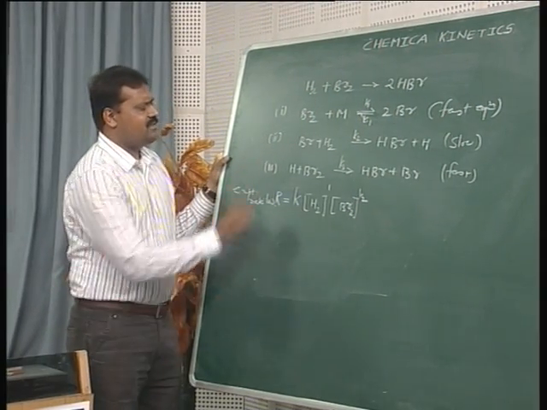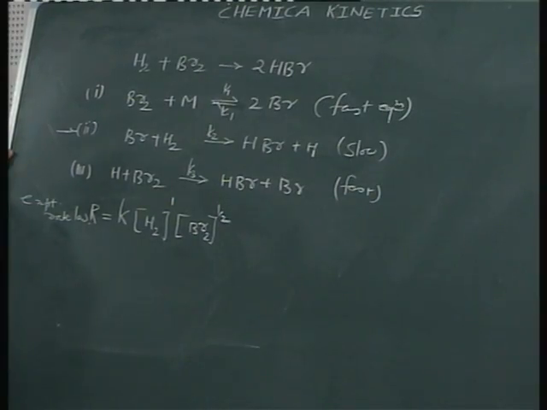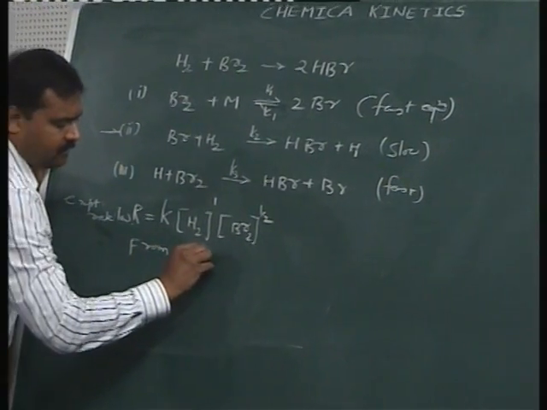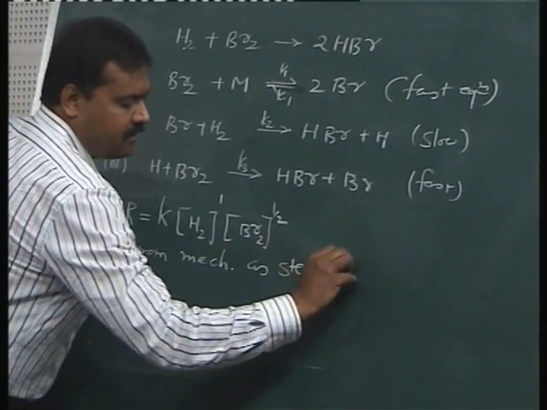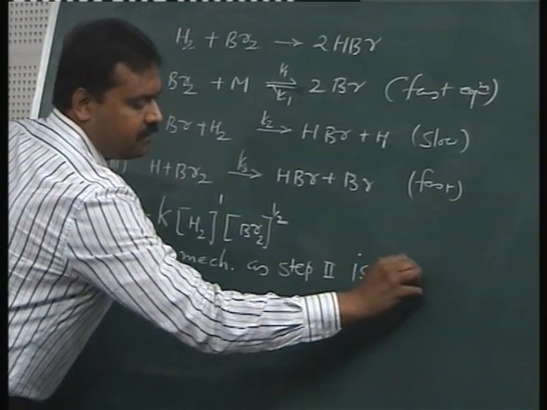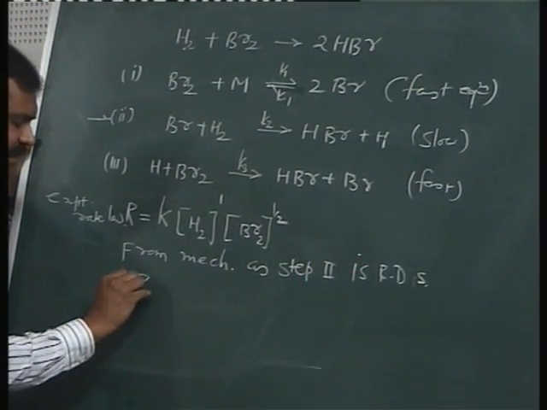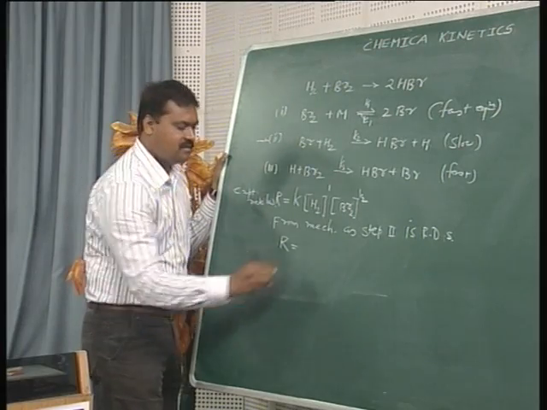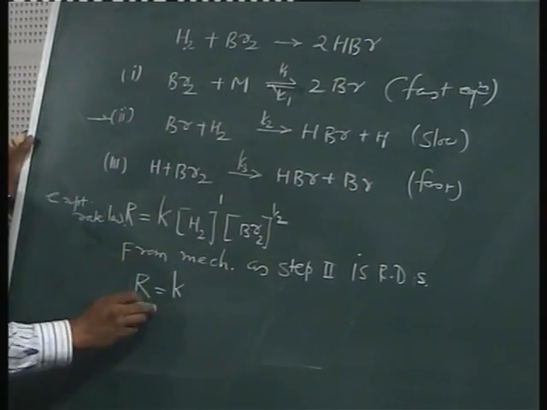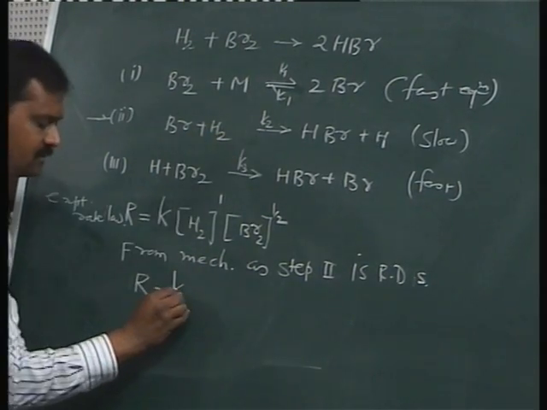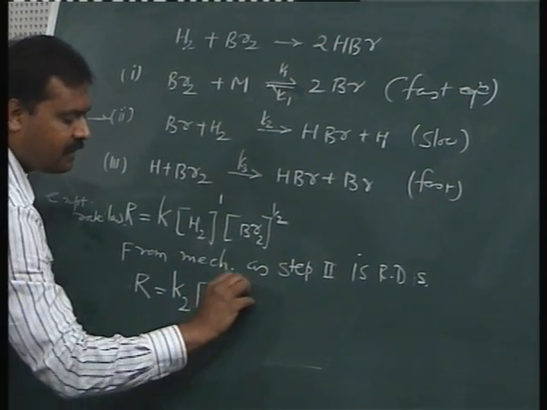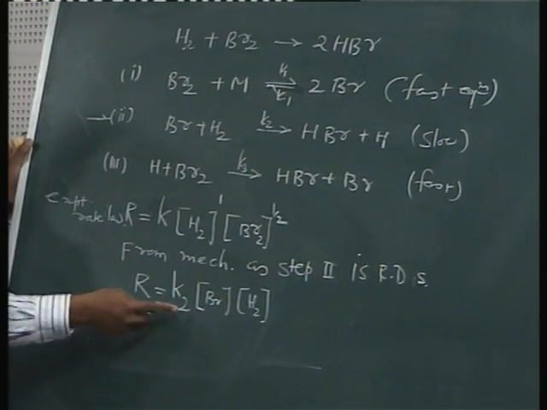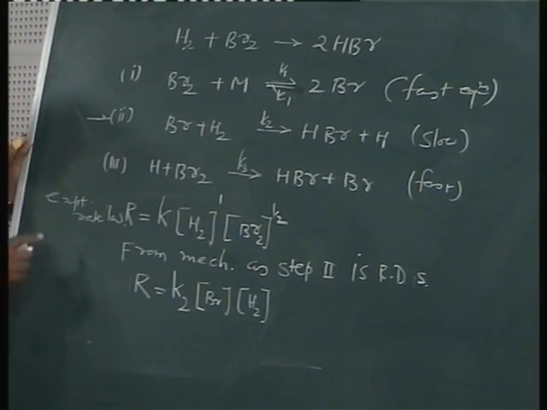Now in the given mechanism, the second step is the slowest step, and therefore from the mechanism, as step 2 is the rate determining step, we can write R, the rate of reaction, is equal to some constant. Now the constant will be K2 into the concentration of the reactants, that is Br and H2. This is the rate law which is written from the mechanism.